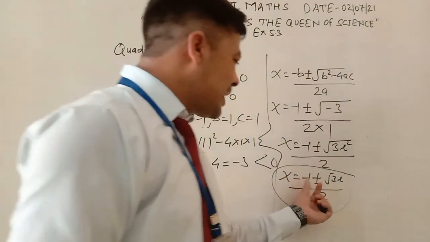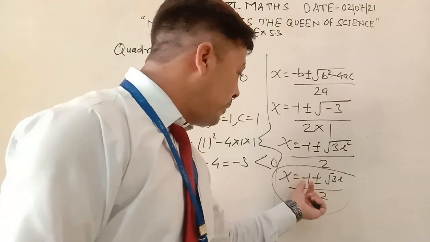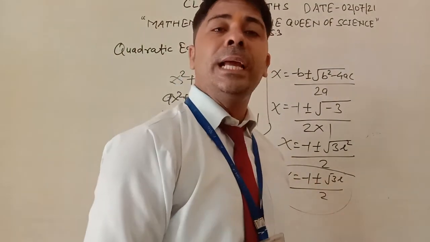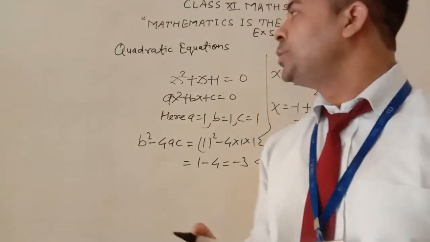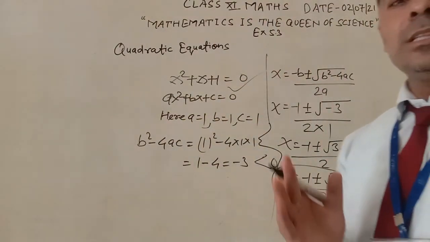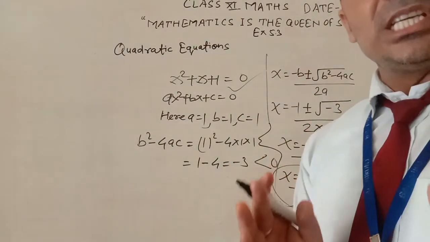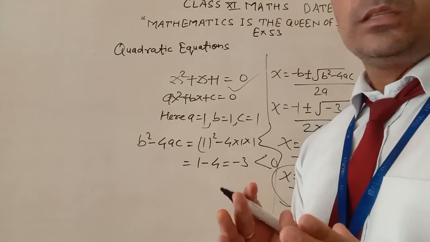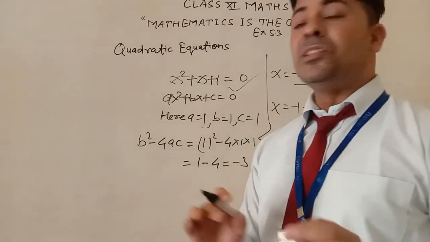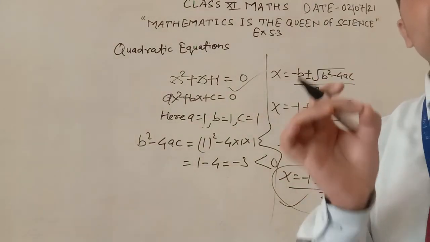The value of x can be written as minus 1 plus root 3i upon 2 and minus 1 minus root 3i upon 2. These are the two solutions of the quadratic equation, or you can say the two roots of the given quadratic equation. That is how you can solve this type of problem when d is less than 0.